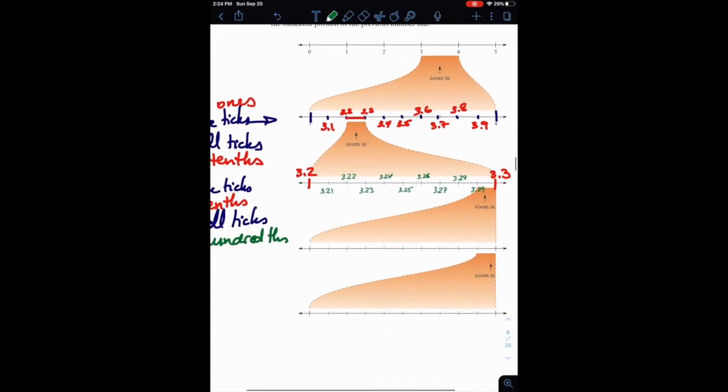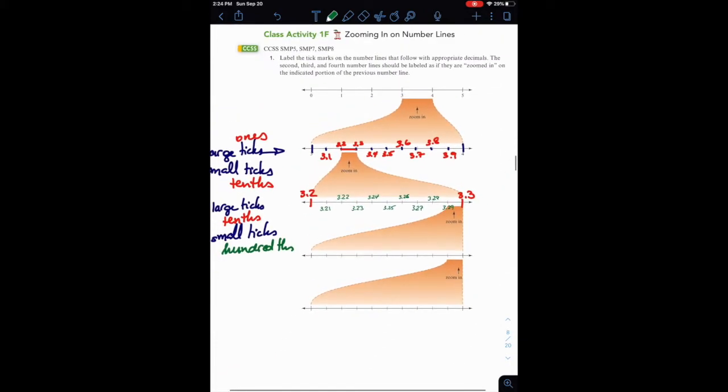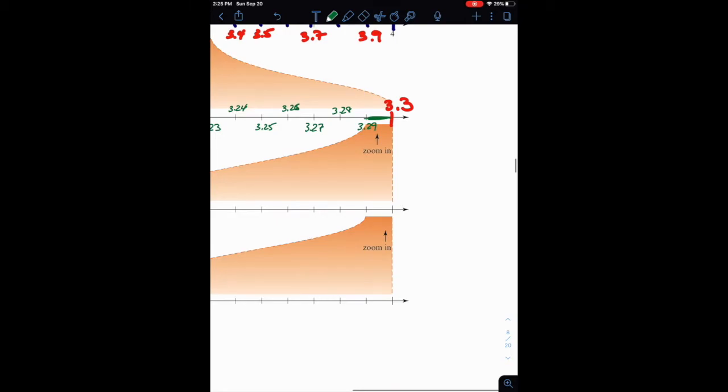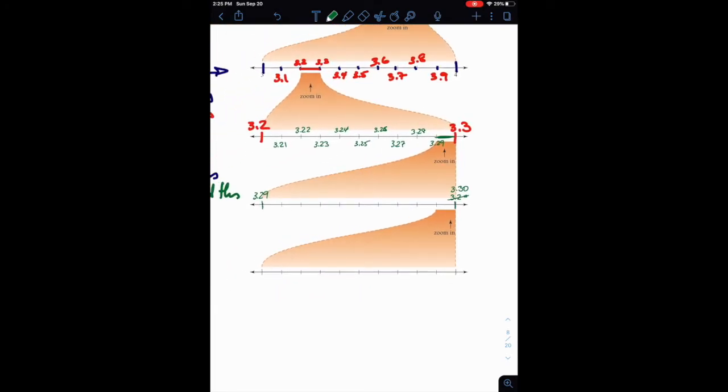And then 3 wholes and 3/10. So now what if we wanted to zoom in here? That would be 3 wholes, 2/10 and 9/100, and 3 wholes, 2/10 and 10/100. 3.210? It's not going to work quite that way, so we're actually going to regroup into 3 wholes, 3/10, and 0/100. These large tick marks are still representing hundredths.